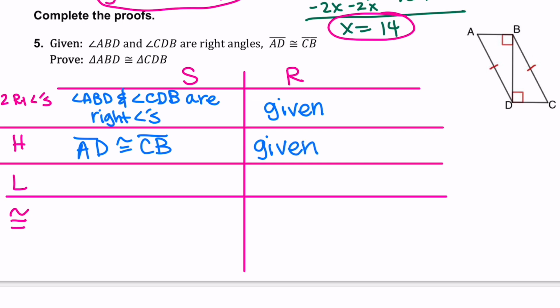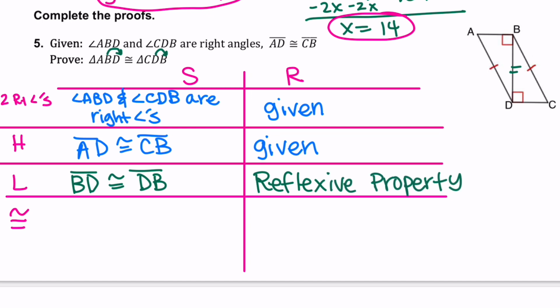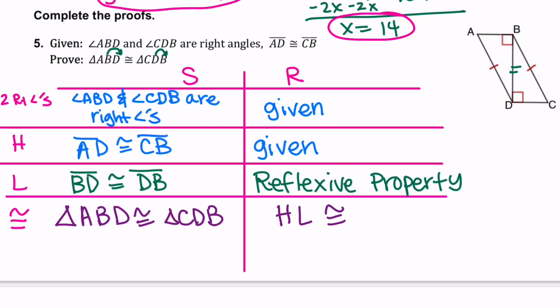Now the leg is going to be this reflexive line here. So BD is congruent to DB because of the reflexive property. So now our final statement: triangle ABD is congruent to triangle CDB by HL congruence.